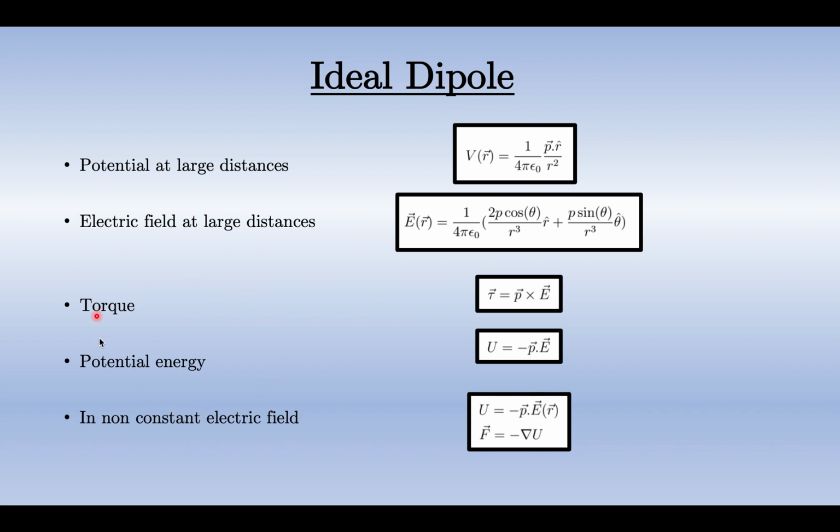We can also find the potential energy in a similar manner by taking the dot product instead. Then in a non-constant electric field, we can define the potential energy in a very similar manner and find the force on the dipole by taking the negative gradient, because the negative gradient of potential energy is the force due to that field. These are some of the important formulae in this section on dipoles.